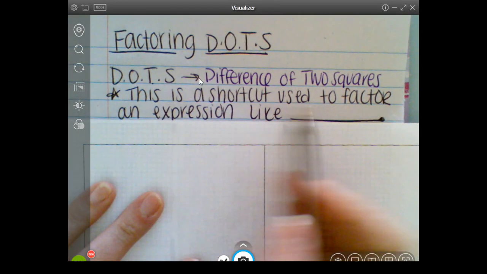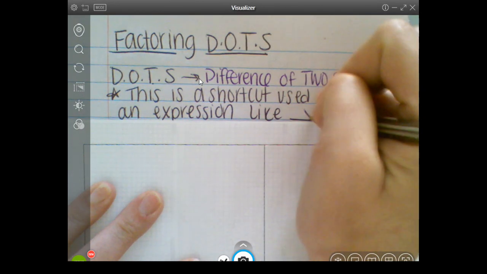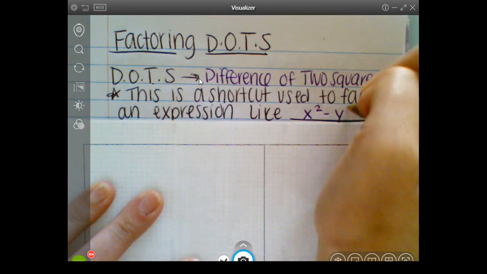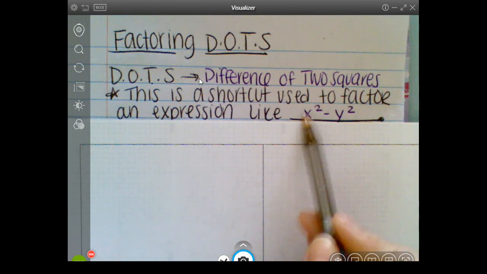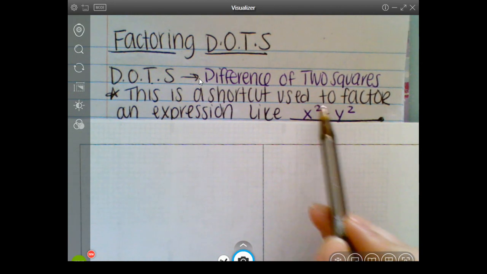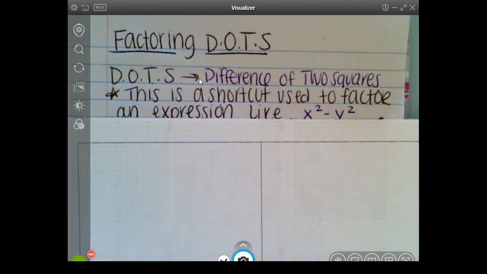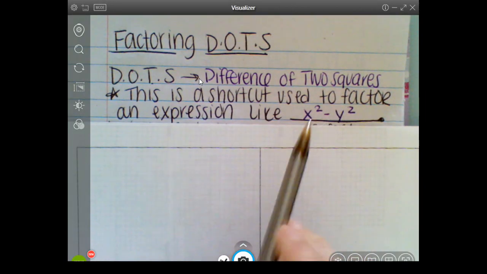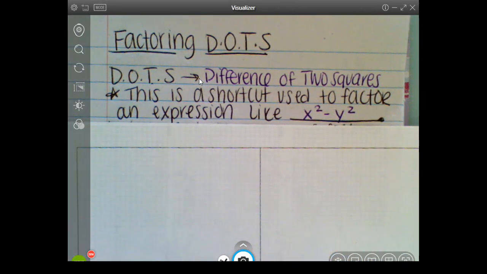It's a shortcut used to factor an expression that looks like x squared minus y squared. You're going to have numbers here and here, but the important thing is subtraction and stuff being squared, or to the fourth or to the sixth. So basically even powers and subtraction, as long as it works out.